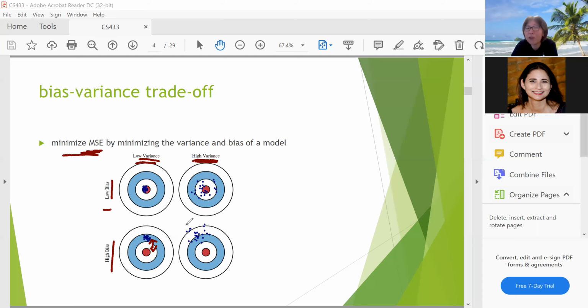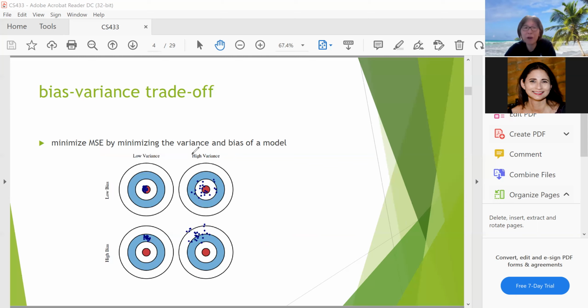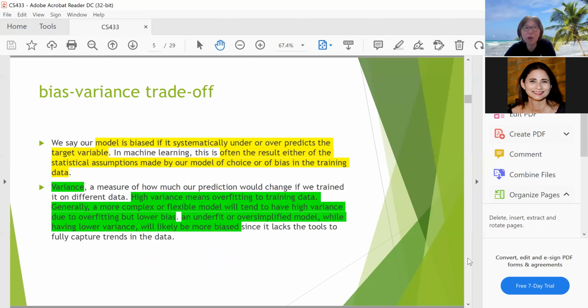In this case, the data samples are spread out a lot, and they are also far away from the model. So that's why it's high bias and high variance. This is regarding the bias and variance trade-off.